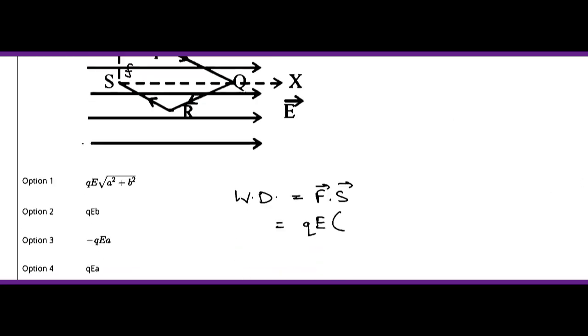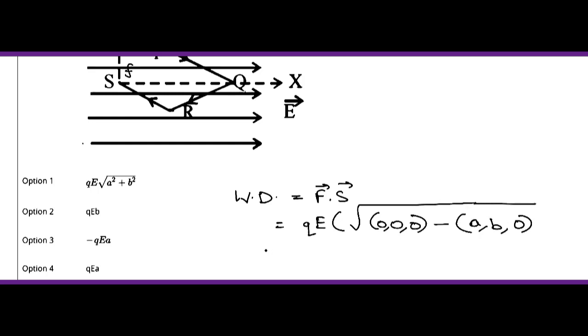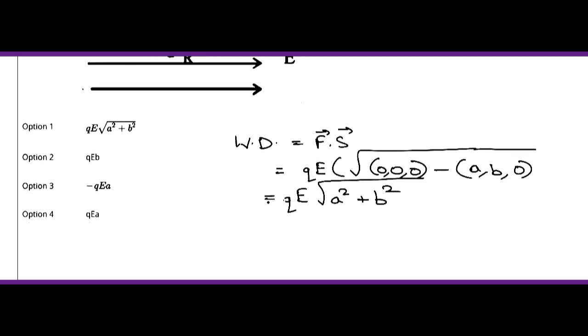So when we write the expression for displacement, we only need to bother about the coordinates of point P and point S. So the displacement will be root over the coordinates of point S, that is 0, 0, 0, minus the coordinates of point P, that is a, b, 0, which is equal to Q into E root over a square plus b square. Therefore the work done is given by QE root over a square plus b square, which is option number 1.